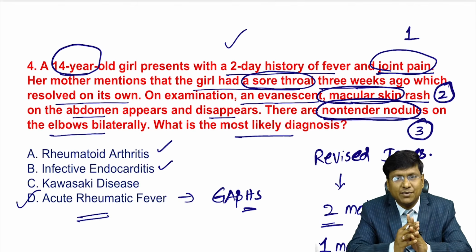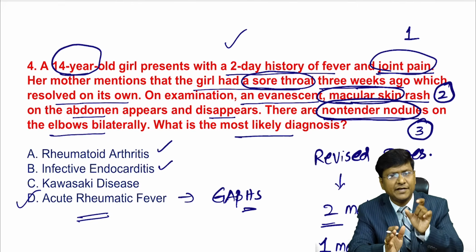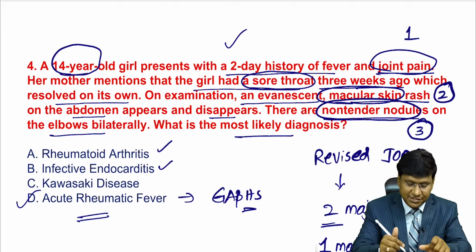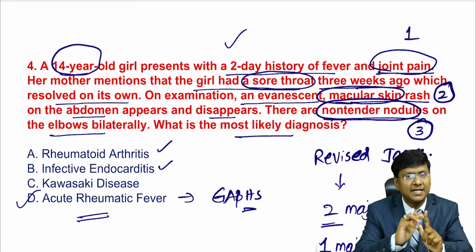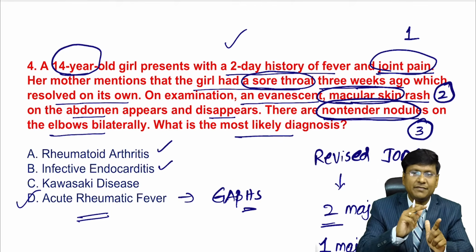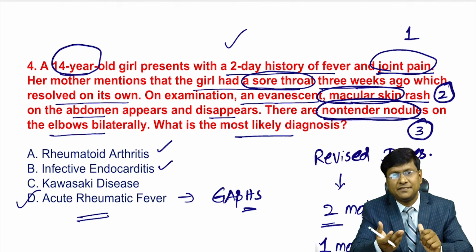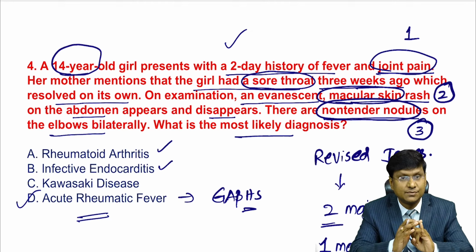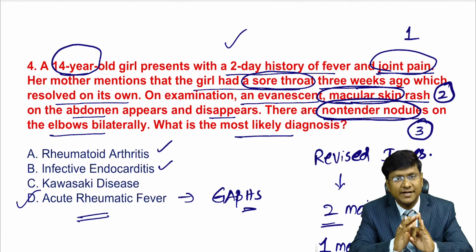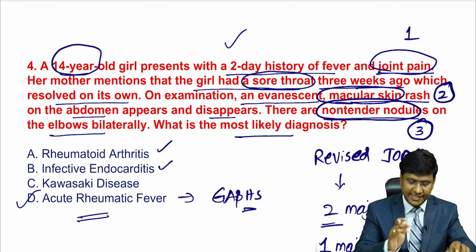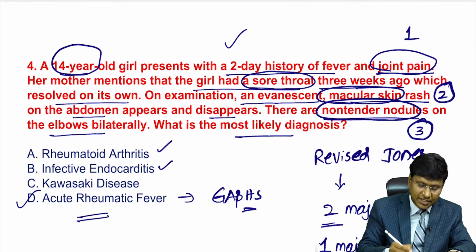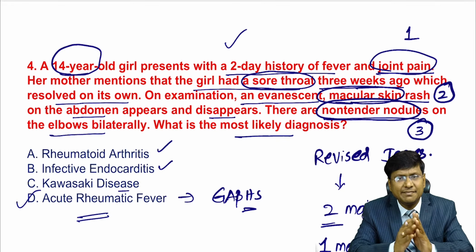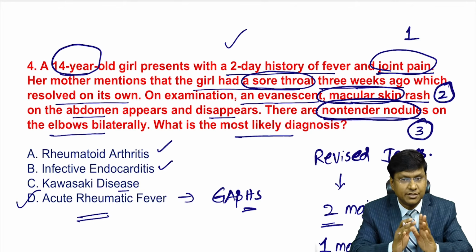Whereas infective endocarditis is caused by infection of the heart valve. These patients present with high-grade fever and heart murmurs. Other important manifestations include Osler's nodes, subungual splinter hemorrhages, and Janeway lesions, which are characteristic of infective endocarditis. Next is Kawasaki disease, a medium vessel vasculitis which is common in children.